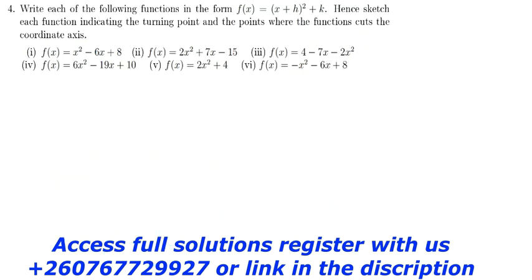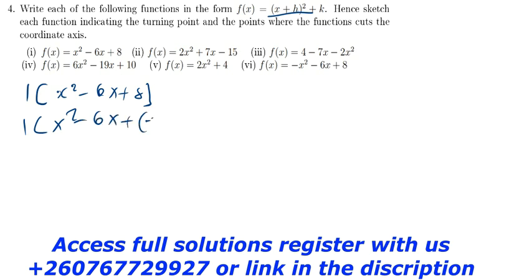Okay, cool. So the first one, still we are doing the completing the square method for us to reach this point. So the first one, we first factor out a, and that remains the same. The next thing is to find half of -6, which is -3.